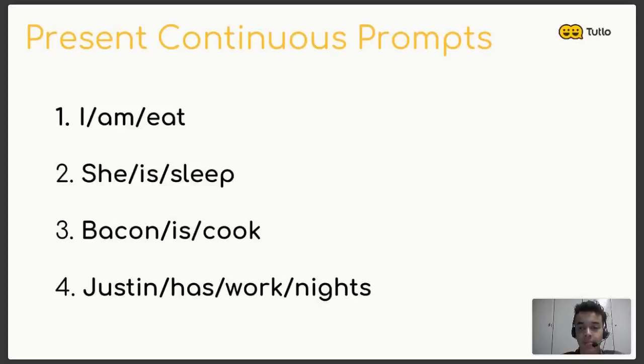Number 4, "Justin has work nights." How are we going to form a sentence that is considered present continuous with these 4 words? Now it's going to be bigger, which means obviously our sentence is going to be longer. But don't lose that. How are we going to form present continuous with sentence number 4, all right? No one's giving any answers. Come on, I encourage you guys, try.